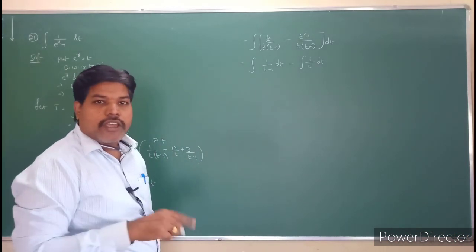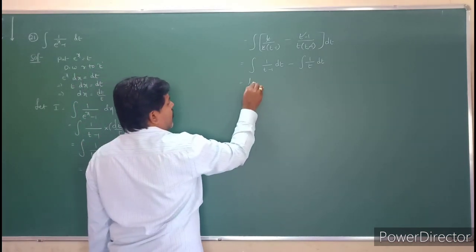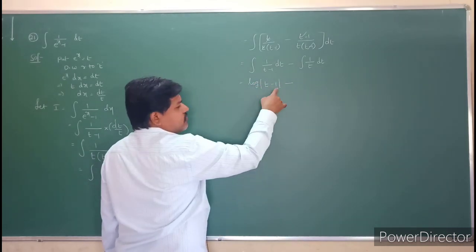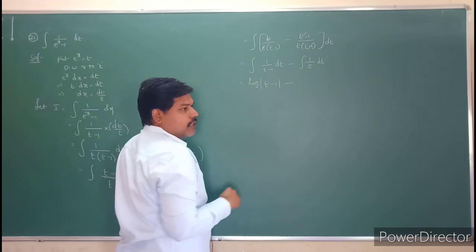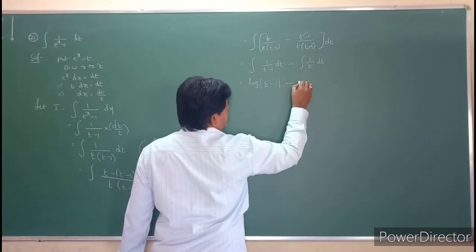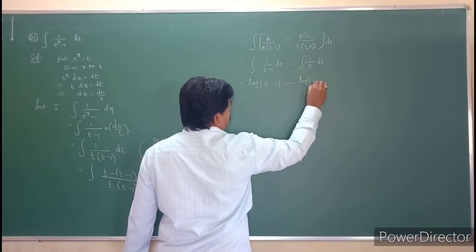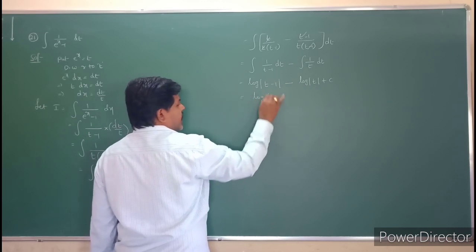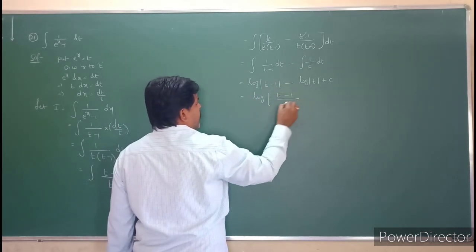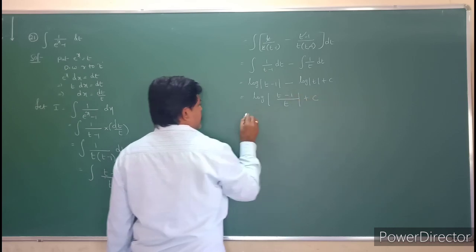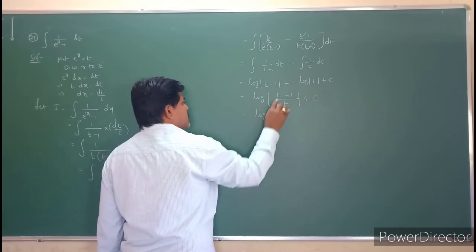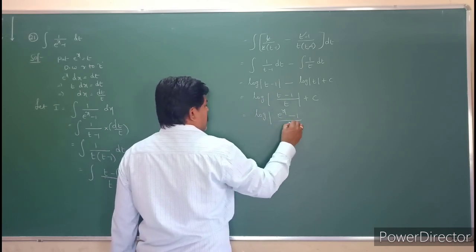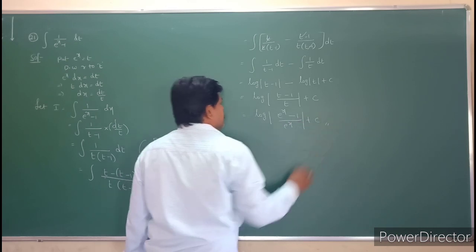What is the integral of 1 by ax plus b? That is nothing but log mod t minus 1, since the derivative of t minus 1 is 1, so we don't need to write the denominator. Integral of 1 by t is nothing but log mod t plus c. Log a minus log b, you can write as log of a by b. So it will become log of mod t minus 1 by mod t plus c. What is the t value? T value is nothing but e power x. So it is log of e power x minus 1 by e power x plus c.